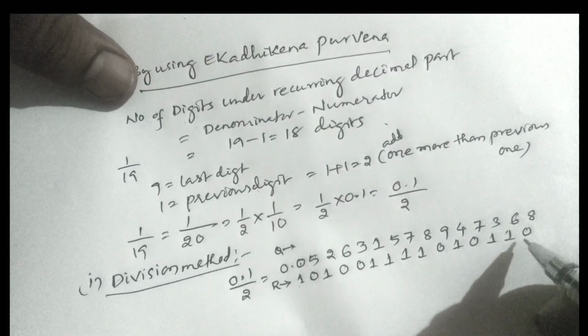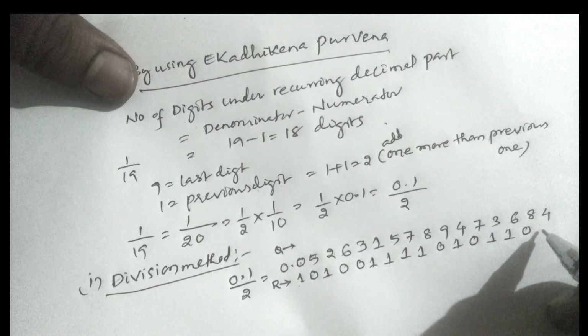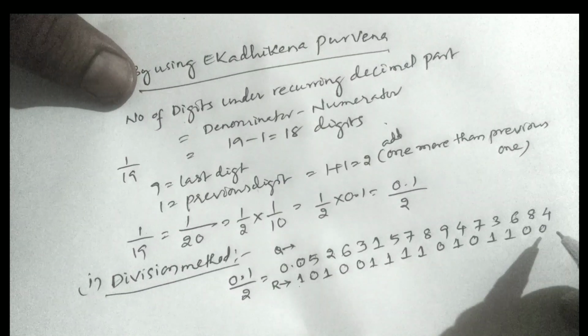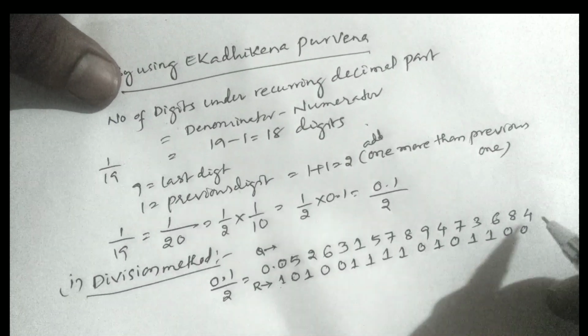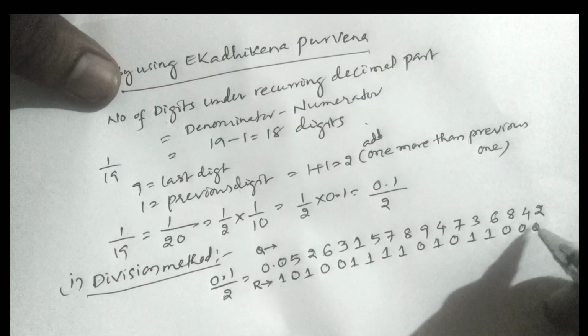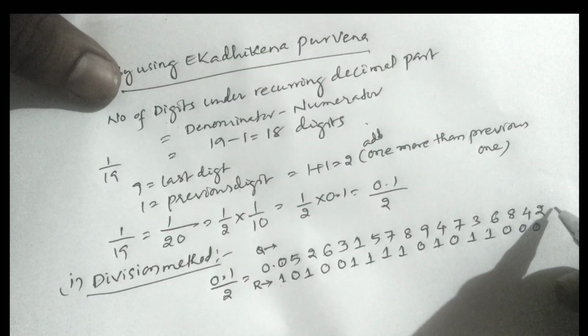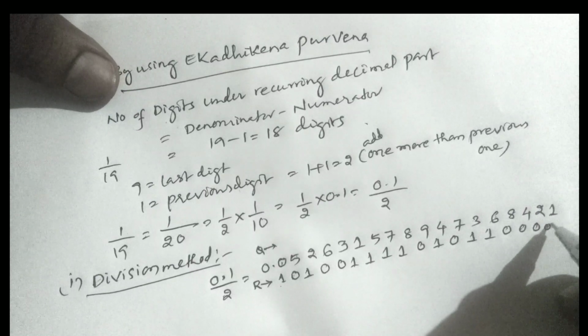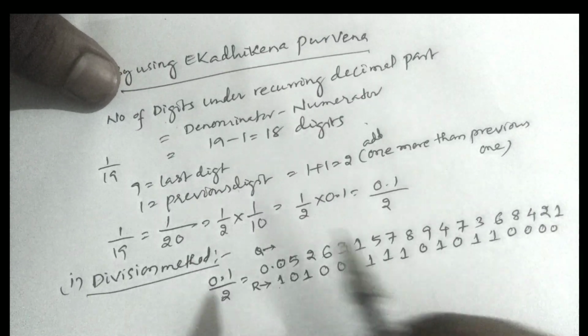Again 8, 2 4s are 8, remainder 0. Again 4, 2 2s are 4, remainder 0. Now write 0 downside. Again 2 times 1 is 2, so 1 is the quotient, 0 is the remainder. So we started with 1 and ended with 1.